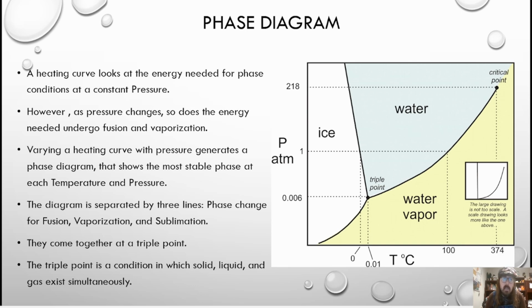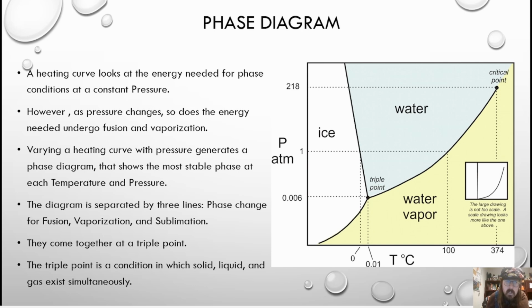So this is a combination of the two, where we're looking at energy and temperature as a form of what state of matter would be present and where do the current lines go. So a heating curve looks at the energy needed for a phase to occur at a constant pressure. But pressure affects these. So varying a heating curve with various pressures will generate essentially this phase diagram. That will show you, if you know the conditions, what is the most stable phase of each thing.